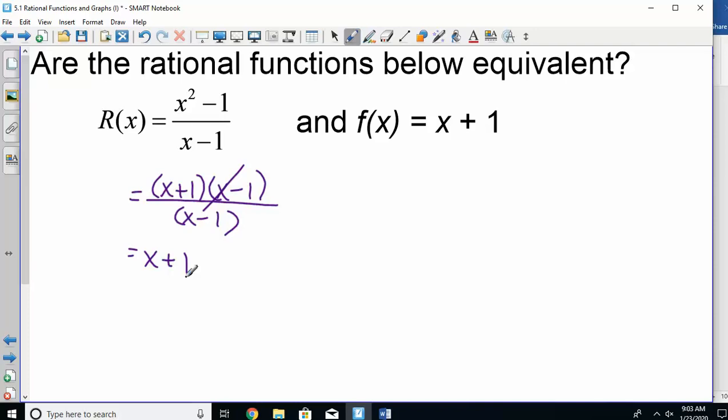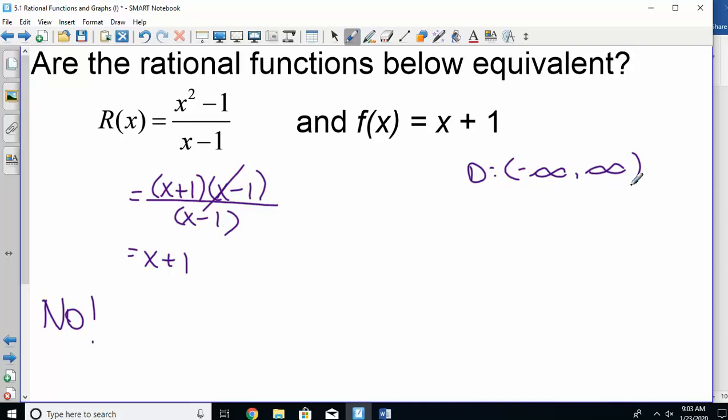But these two things are actually, if you look at their graphs, not identical, for one reason. What's the domain of this one? There's no fraction. Its domain is negative infinity to positive infinity.